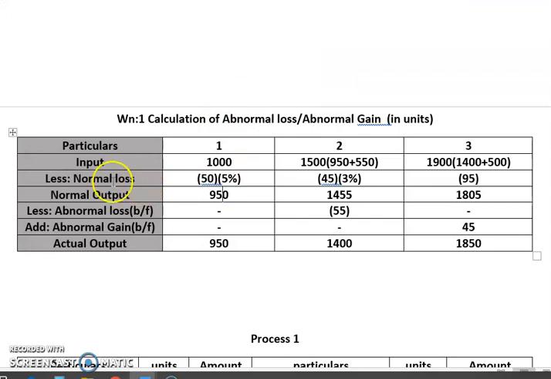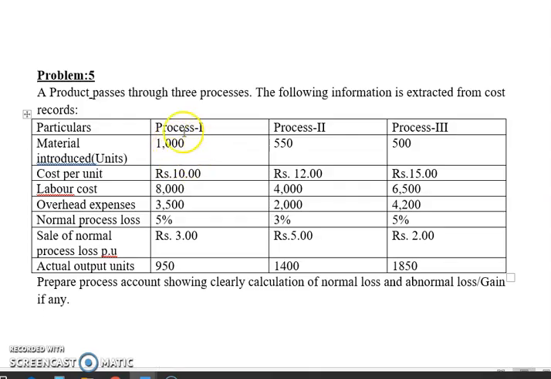So we will take the input. In the first place we have to subtract our normal loss, then we will get normal output. Now this normal output needs to be compared with the actual output, then we will have either abnormal loss or abnormal gain. Now in process 1, the input units we have is 1000.